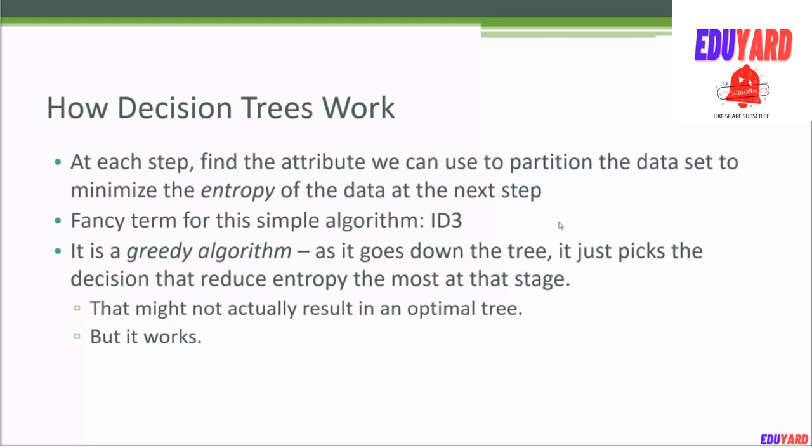As it goes down the tree, it just looks at the attribute that will minimize entropy at that point. Now that might not actually result in an optimal tree that minimizes the number of choices that you have to make, but it will result in a tree that works given the data that you gave it. So that's all there is to it. It's pretty simple.